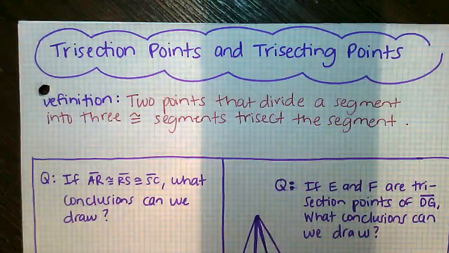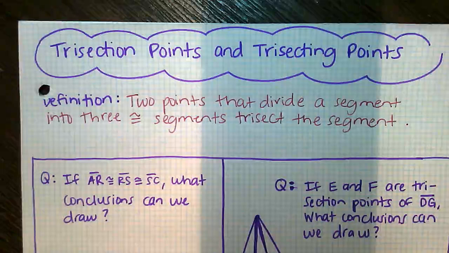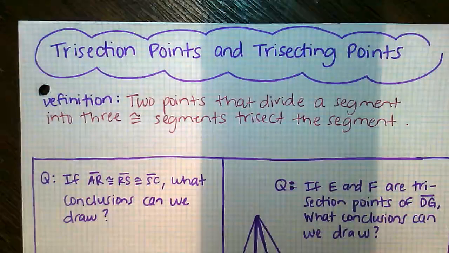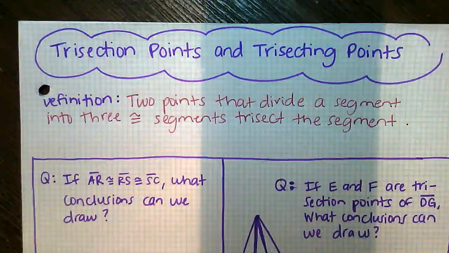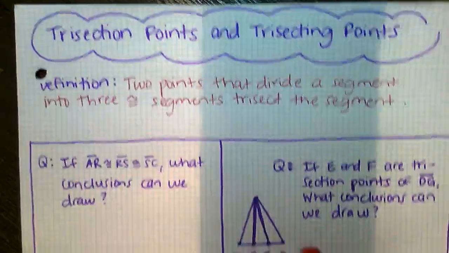So it's 2 points that divide a segment into 3 congruent segments. Those segments are trisecting the segment. The 2 points at which the segment's divided, those are actually called the trisection points, so we'll look at that vocab word in these examples below.